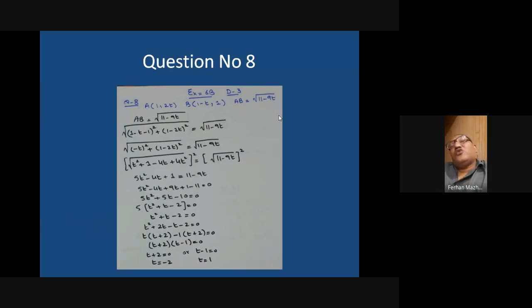So (1 minus 2t) whole square, I open it with the help of the algebraic identity, a minus b whole square. In your 8th class, you must have learned how to open this. The formula is a square minus 2ab plus b square.